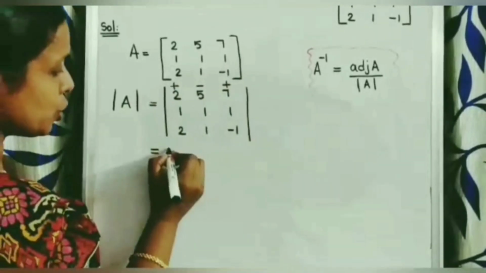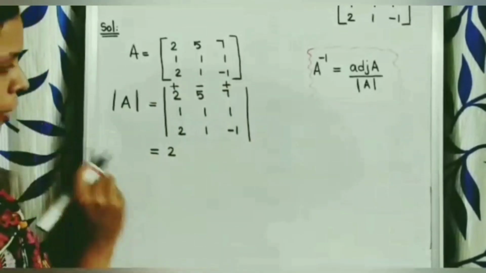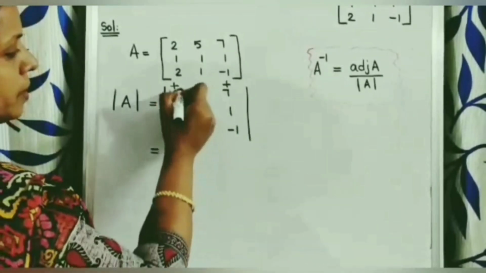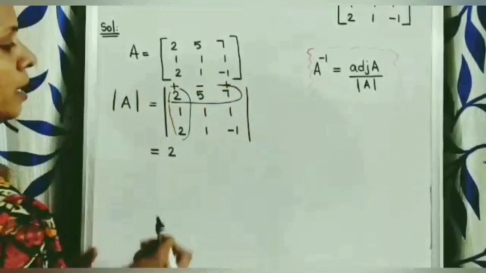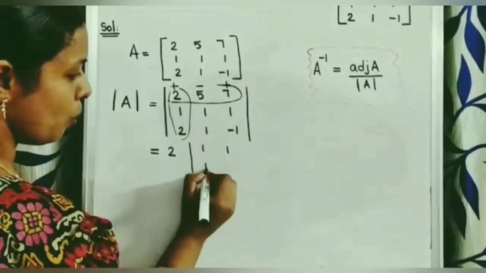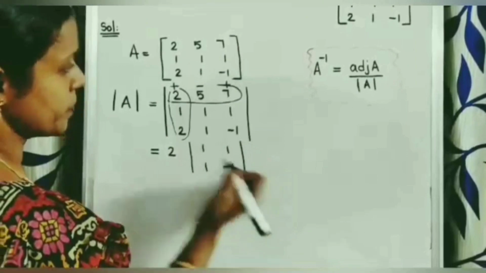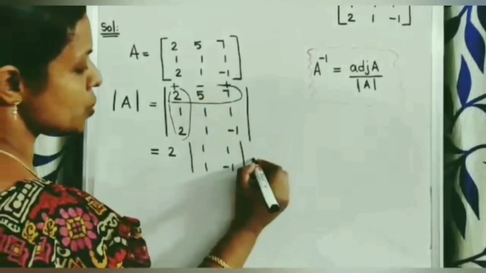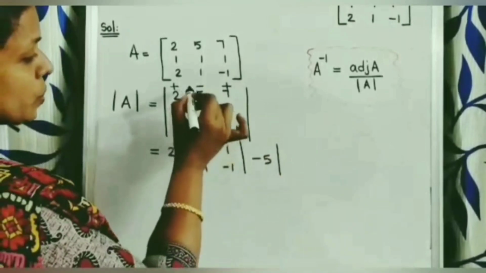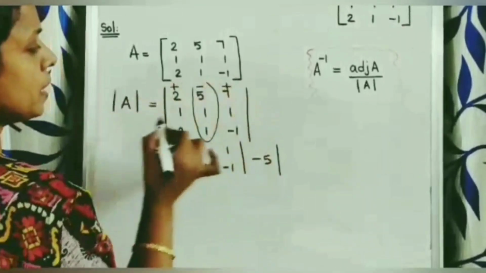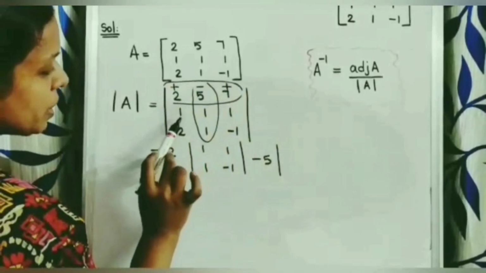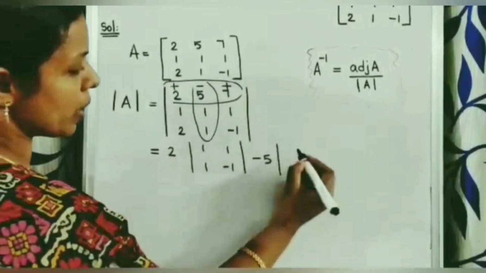Here take 2 first. We eliminate the first column and first row, then we get determinant 1, 1, 1, minus 1. Then the next element is minus 5. Here we eliminate the second column and first row, then we get determinant 1, 1, 2, minus 1.